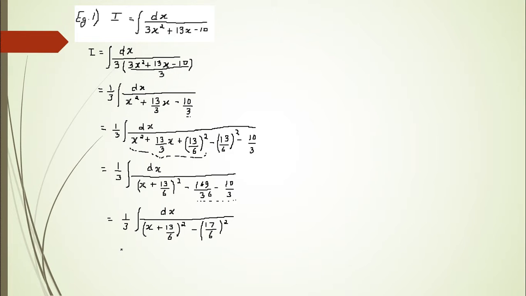So now the next step is I have to let x plus 13 by 6 is equal to some t. Now differentiating both sides, I'll get dx is equal to dt.